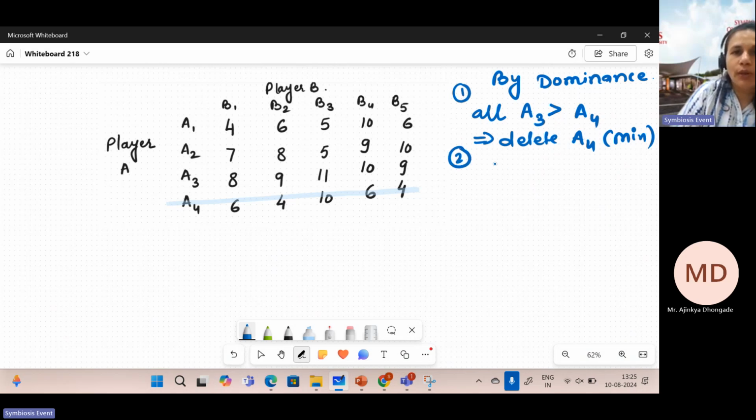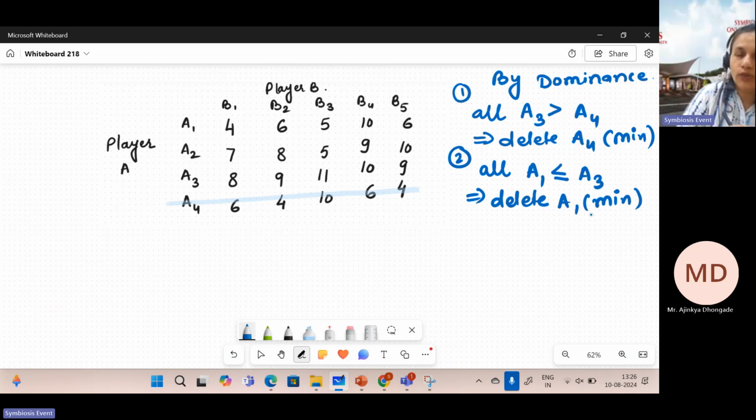Second, comparing A1 with A3, you observe A3 is greater or equivalent to A1. 8 is greater than 4, 9 is greater than 6, 11 is greater than 5, 10 is 10, 9 is greater than 6. So what does it imply? Delete whichever is smaller, A1, which is the minimum. Why delete? Because I have to work along player A. So I eliminated it.